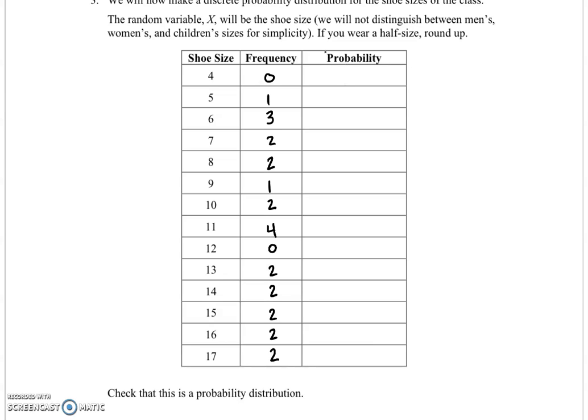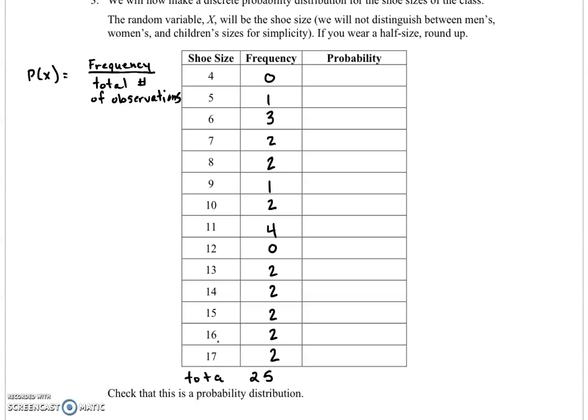So how do we find the probability? Well, remember, to find the probability, in this case, we take the frequency and divide it by the total number of observations. I will tell you there should be 25 total observations.